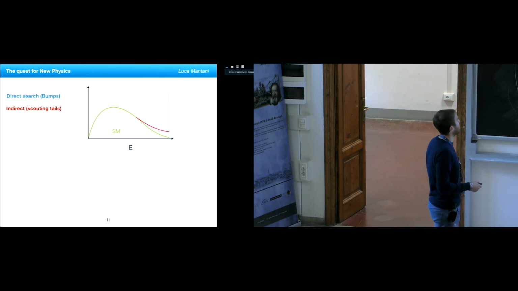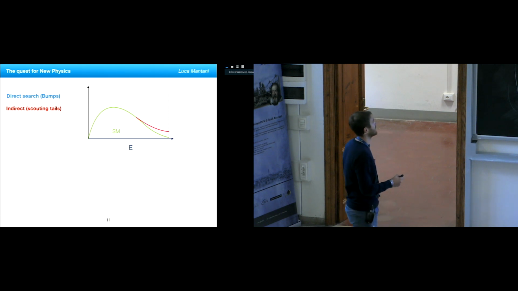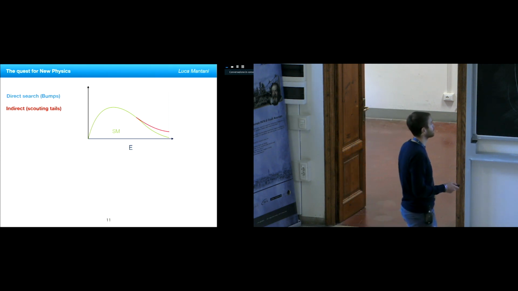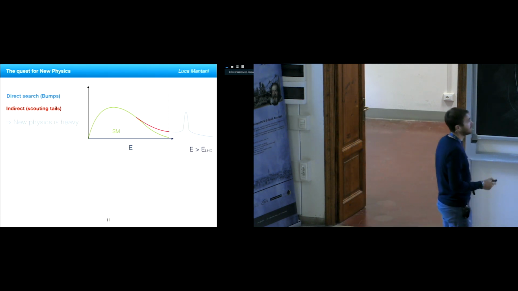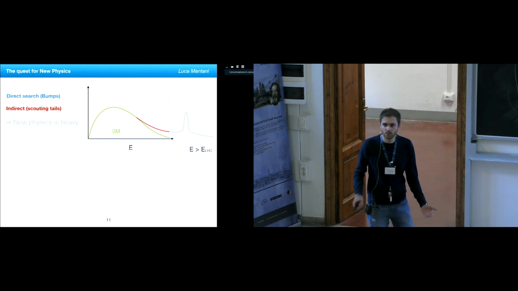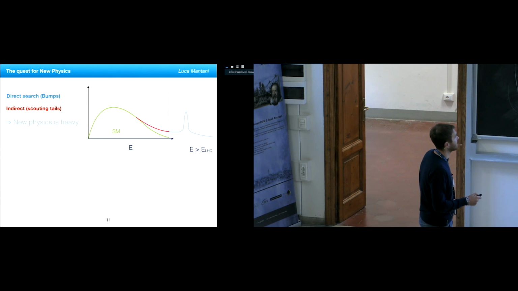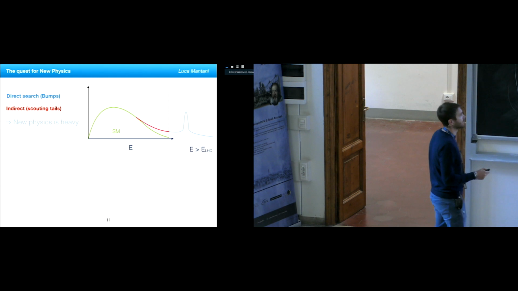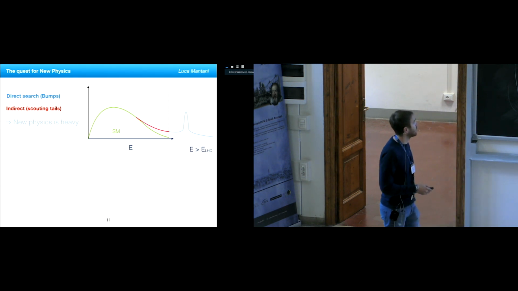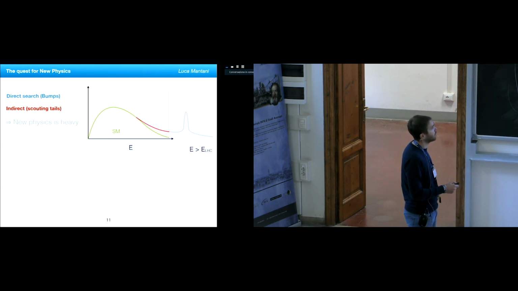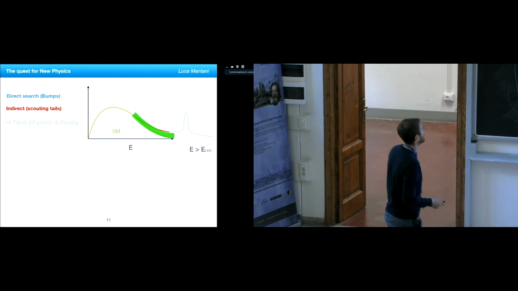There is a second way, which is through indirect searches, and entails scouting the tails of the distributions, because the idea is that this new particle is too heavy to be produced at the energy of the experiment, but it's close enough to start having some effect on the observables that we measure. And in particular, hopefully we can distinguish this green curve from the red curve.